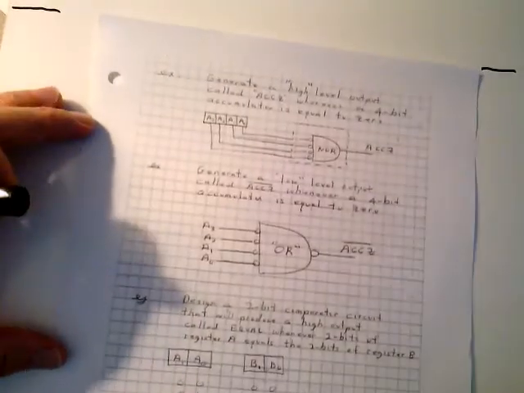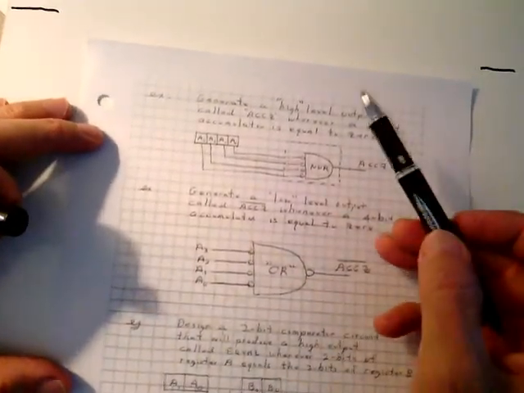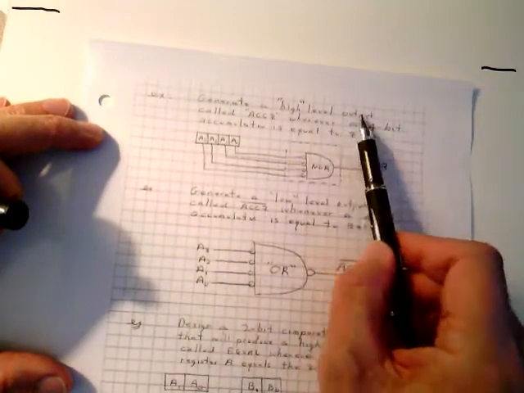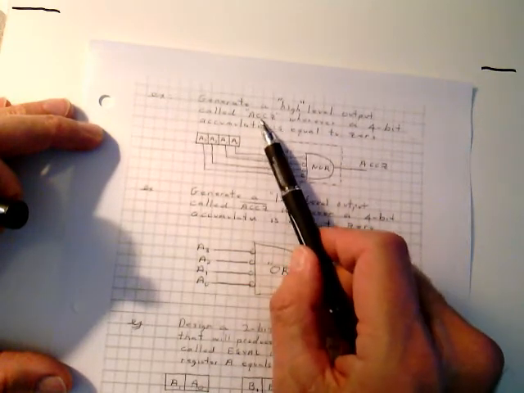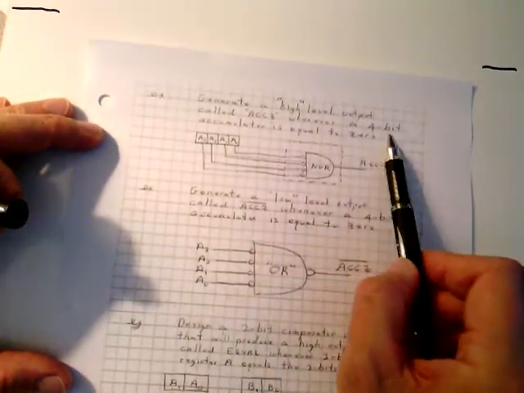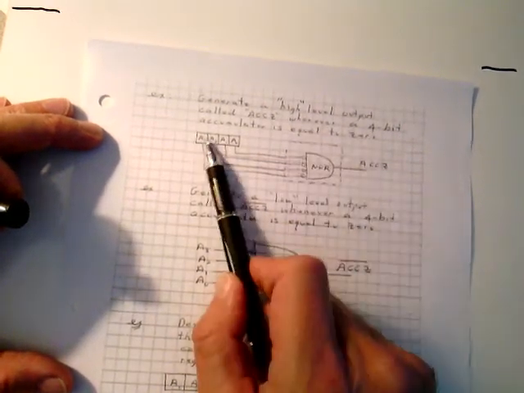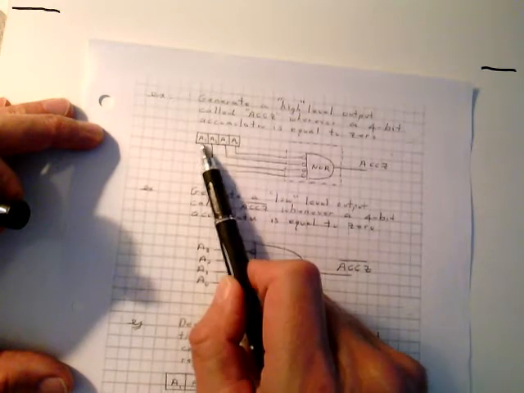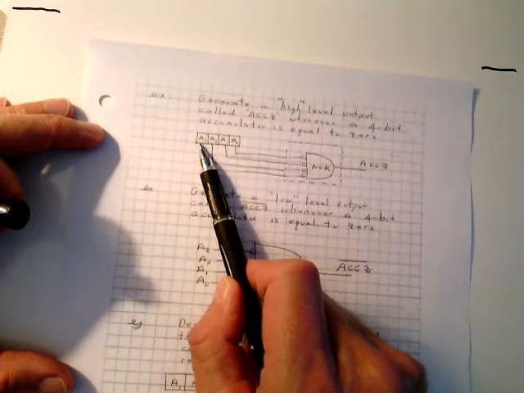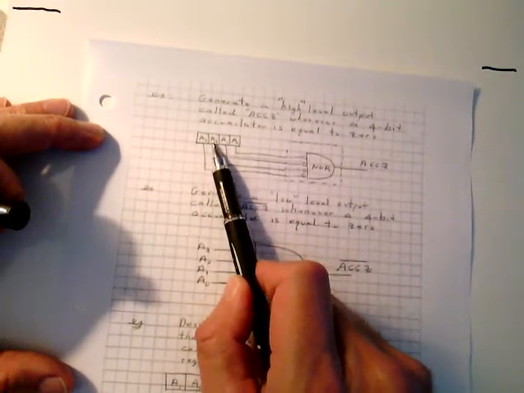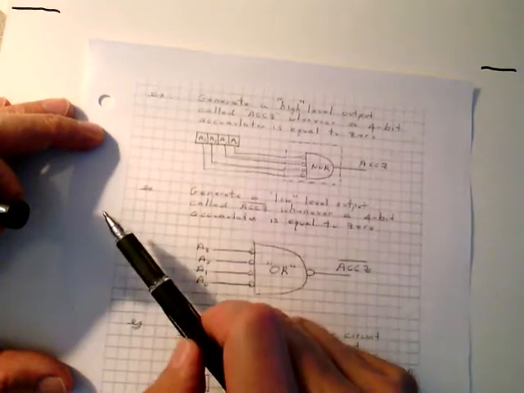On page number 77, I say generate a high-level output called accumulator 0 when a 4-bit accumulator is equal to 0. This is a 4-bit register. It holds 4 bits. 0, 0, 0, 0 through 1, 1, 1, 1, all 16 possibilities.